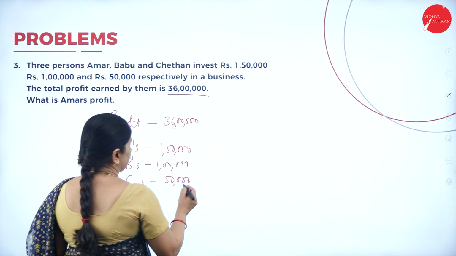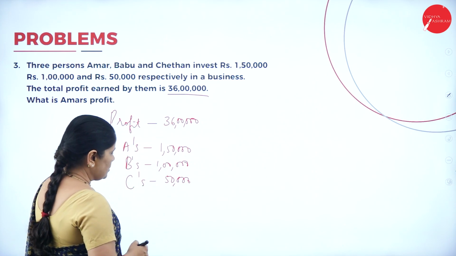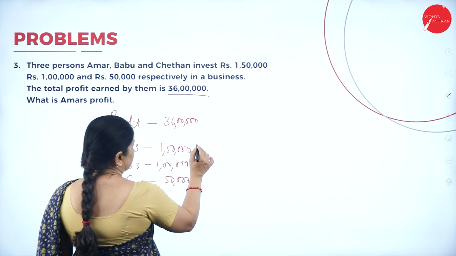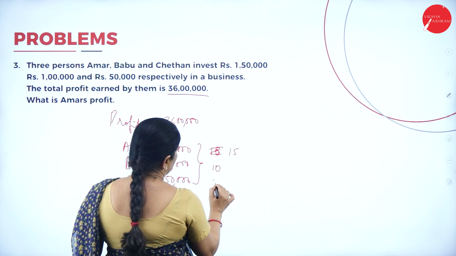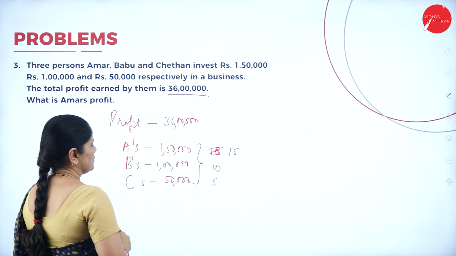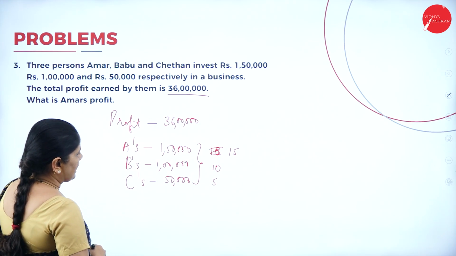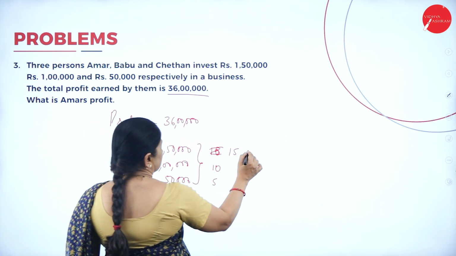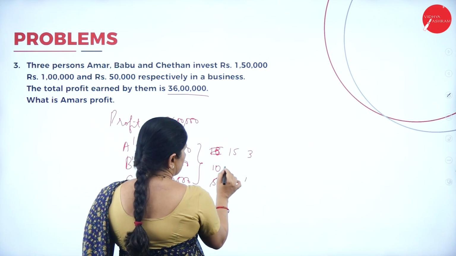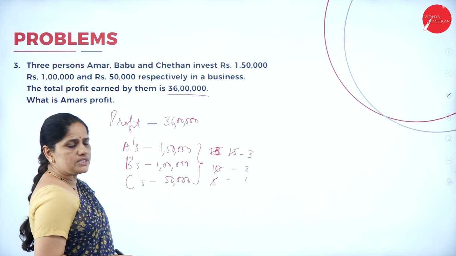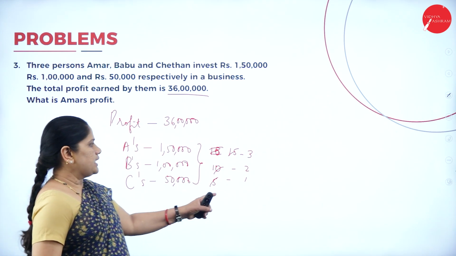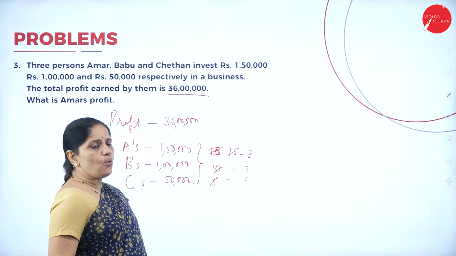When we simplify this, we will get 15, 10 and 5. In other words, 5 3s are 15, 5 2s are 10, 5 1s are 5. So, they are all multiples of 5. So, I can write it as 3:2:1.